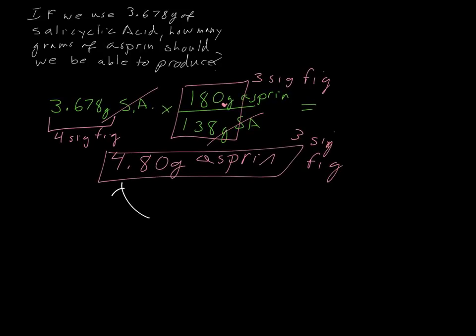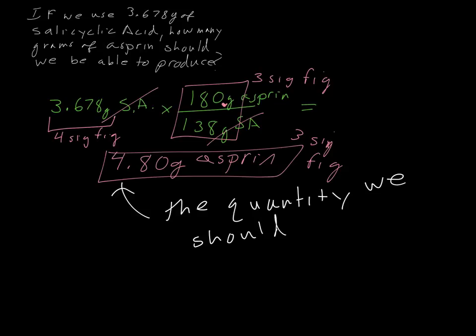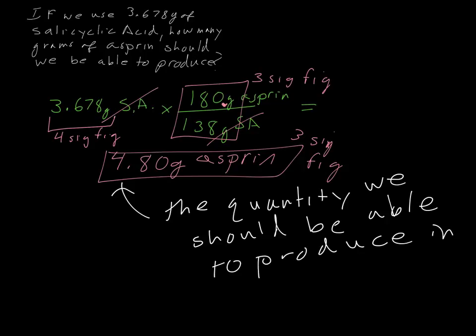In theory, we should be able to produce 4.8 grams of aspirin. That's the quantity we should be able to produce in theory.